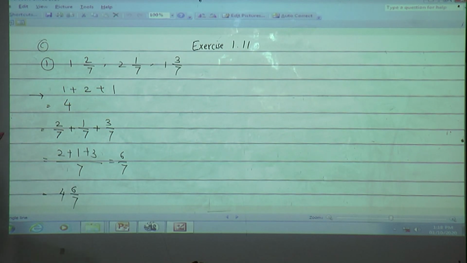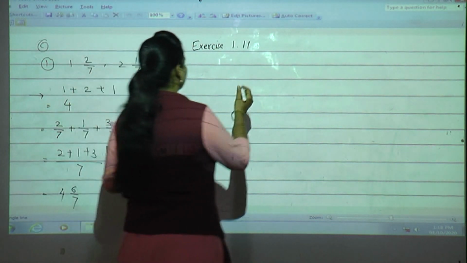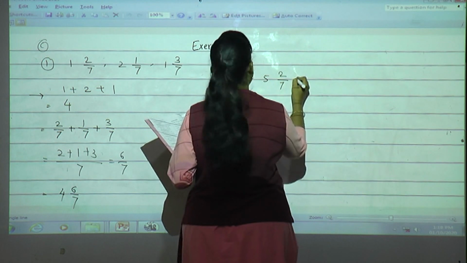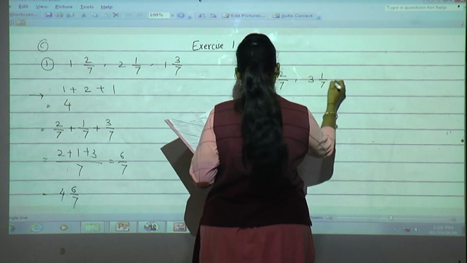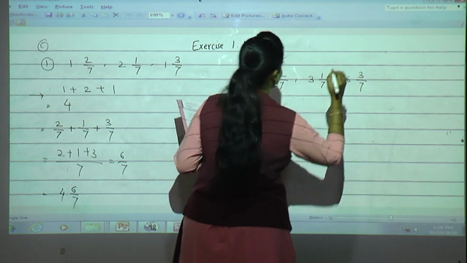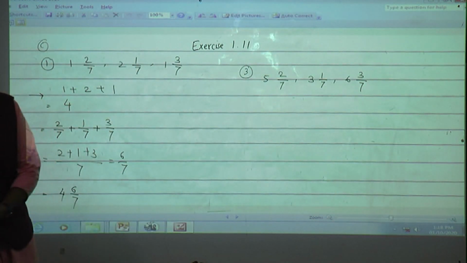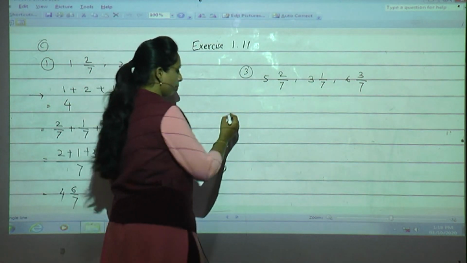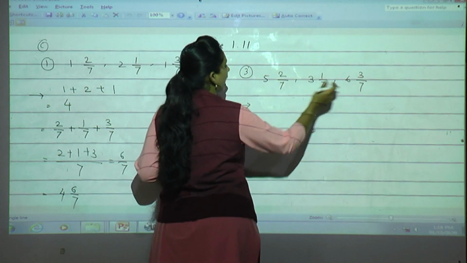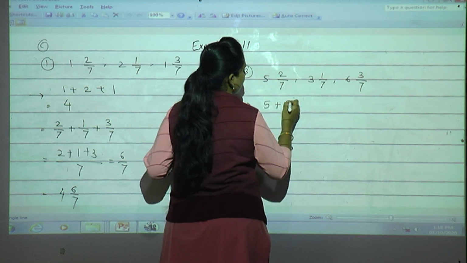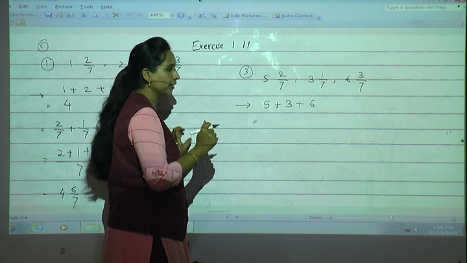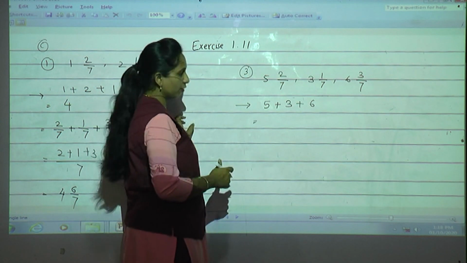Third one I will take now. 5 2 upon 7, 3 1 upon 7, 6 3 upon 7. See the question, again denominators are same students, no need to convert into improper fractions, so we have to add all whole numbers. 5 plus 3 plus 6, 5 plus 3 is 8, 8 plus 6 is 14.